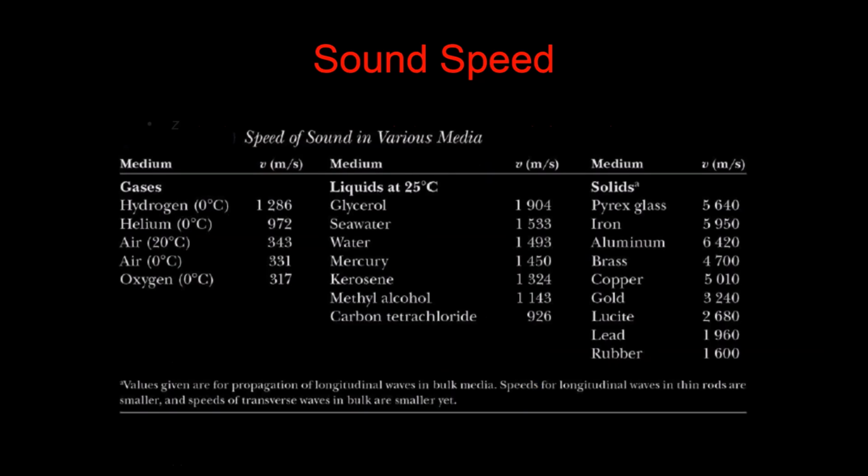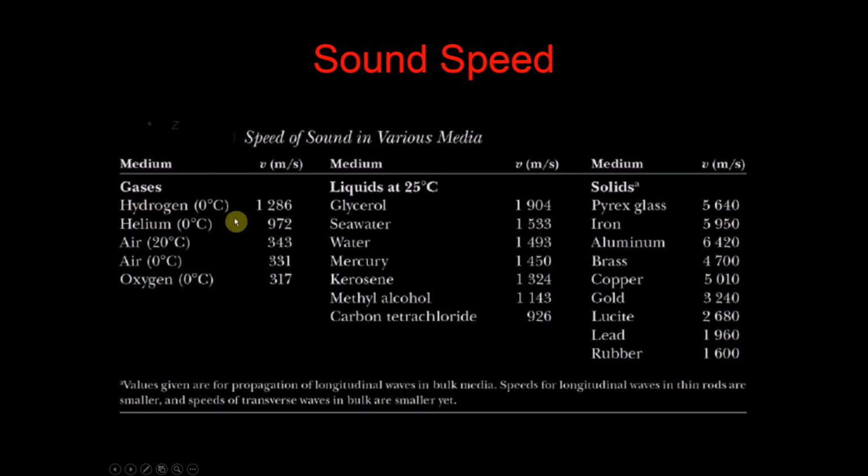So we talked about sound speed in various media, and you can see these particular media. Here we're looking at liquids at 25 Celsius, gases at 0, and we've got solids over here. Temperature tends to be less of a factor with these solid objects because when you start to actually significantly affect the particulate motion, they start to melt.